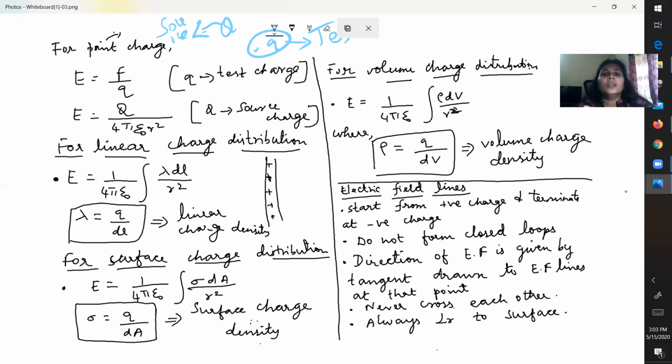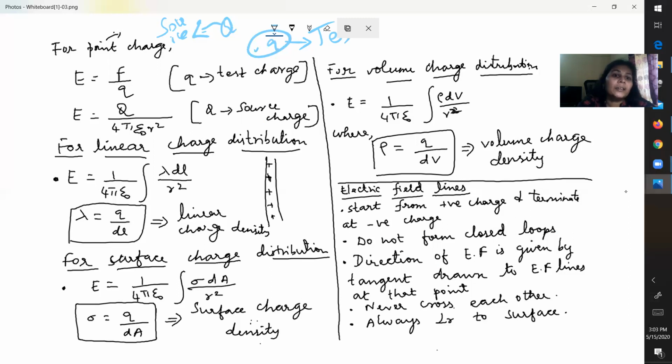Suppose I have only one charge that is concentrated at a point, where all the charge is within that point. That is known as a point charge. In such a case, electric field can be found using the formula E is equal to F by q. We usually call this term E the electric field intensity. How can we define electric field intensity?